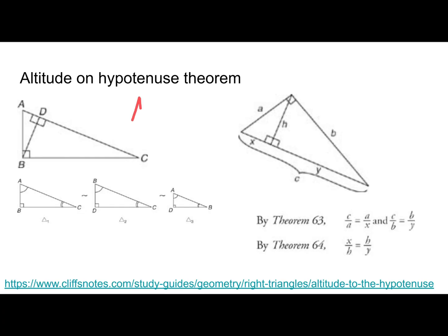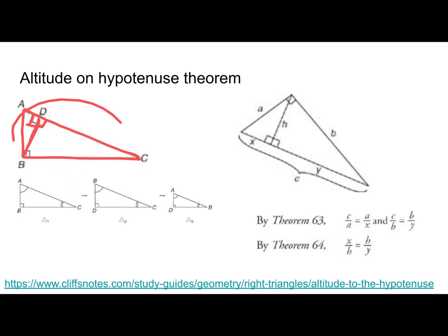And it makes it a lot worse when you have like AD over BC equals, and all this. I don't know what it actually is, but there's a lot of letters to go through, and it's just a pain. So I'm going to start by saying, you got your big right triangle here, and then it's cut by this altitude, so it makes two little right triangles. And the cool thing about this is they're actually all similar to each other.